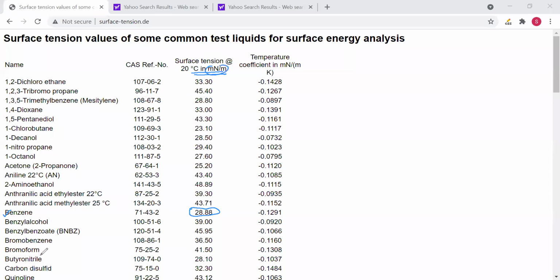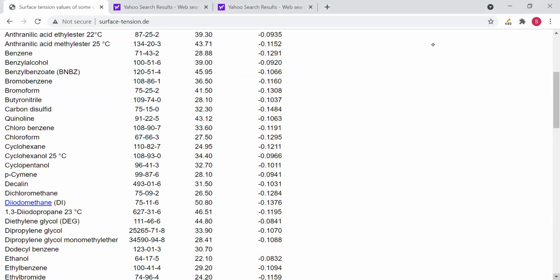So benzene is one liquid which is familiar to you. Okay. Octanol, another similar kind of value you can see. Okay. You go down the list further, you can see more familiar liquids also of interest, like chloroform. This one has surface tension of similar value. Okay.